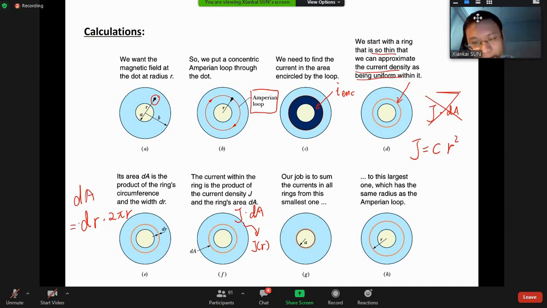Right, no problem. So next, our job is to sum the currents in all the rings from the smallest one, that is closest to r equal to a, to the largest one that's closer to r equal to b.